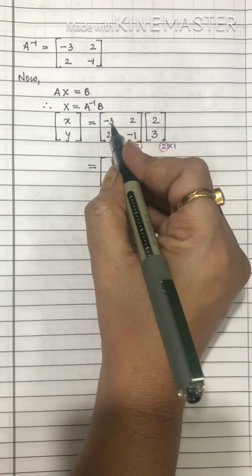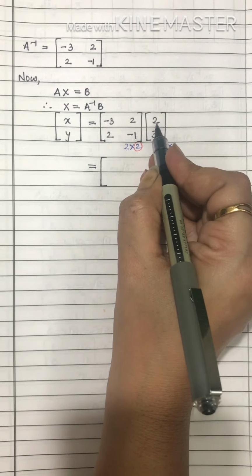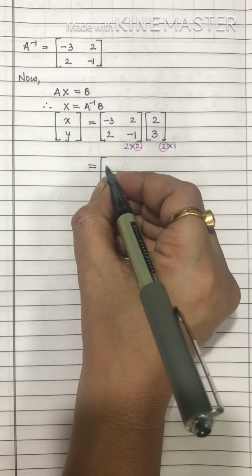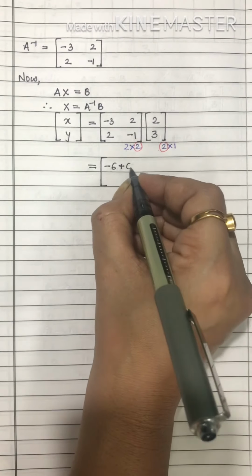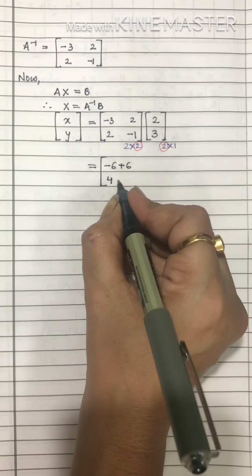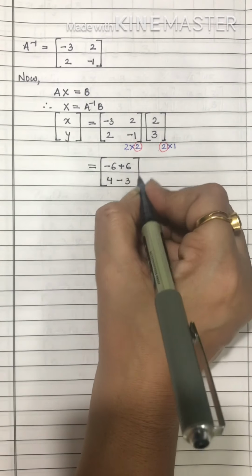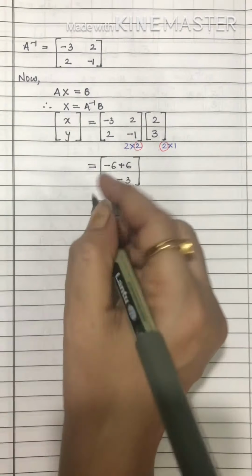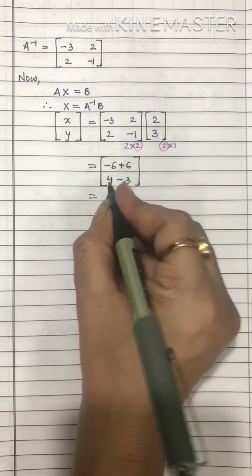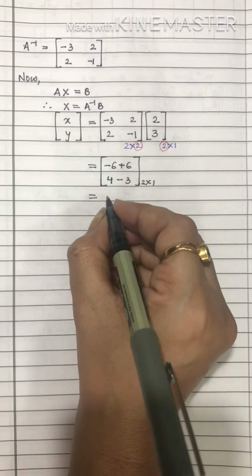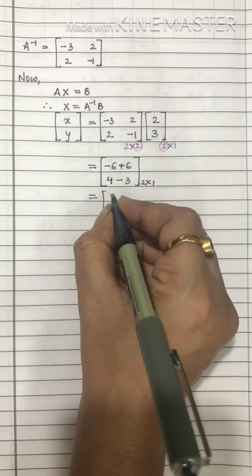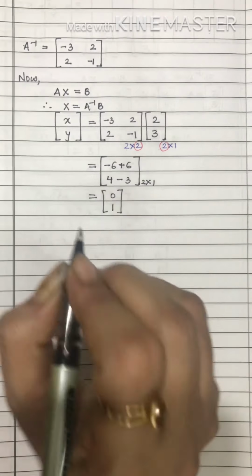What we will get, minus 3 into 2, that is minus 6, plus 2 into 3, that is 6. Okay, and then 2 into 2, 4, plus minus 1 into 3, minus 3. Okay, so this is 2 by 1 order, 2 rows and 1 column, right? So our sum is correct. What remains? Let's solve this. We get 0 and 1.